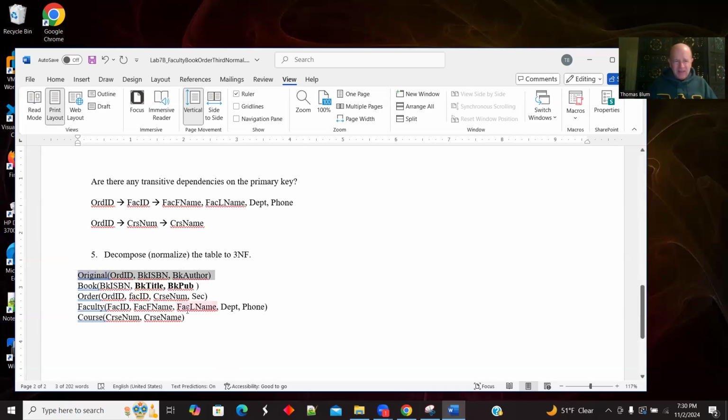So we're expecting a book order relationship with order ID and book ISBN. That's what this original one is going to become.